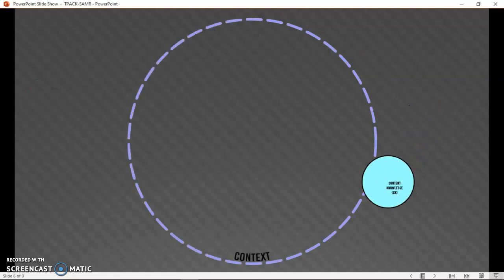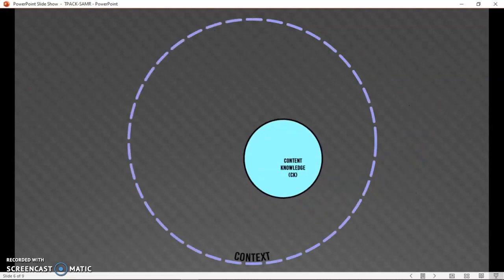The next framework that we're going to talk about is the TPACK model. It integrates technological knowledge, pedagogical knowledge, and content knowledge. The content knowledge is what you are going to teach to your students.